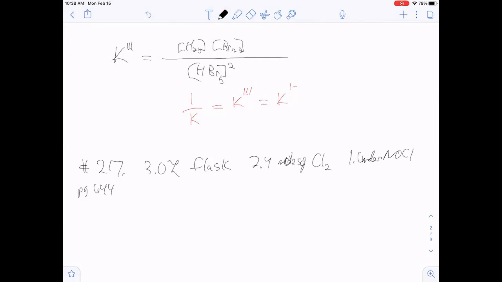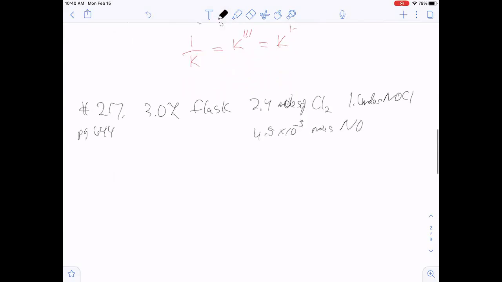It contains 4.5 times 10 to the negative third moles of nitrous oxide. Calculate K for the following reaction. Calculate the equilibrium expression.